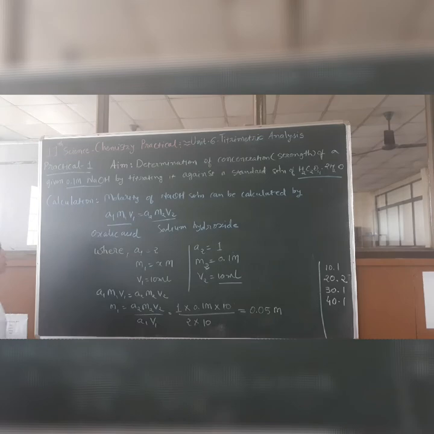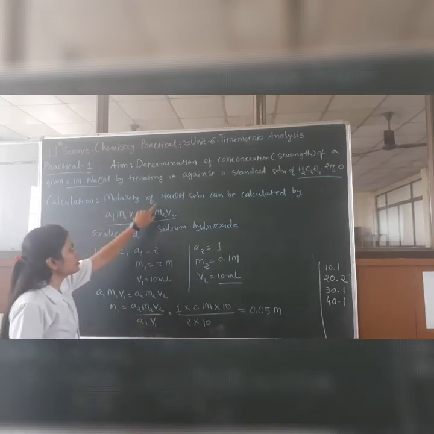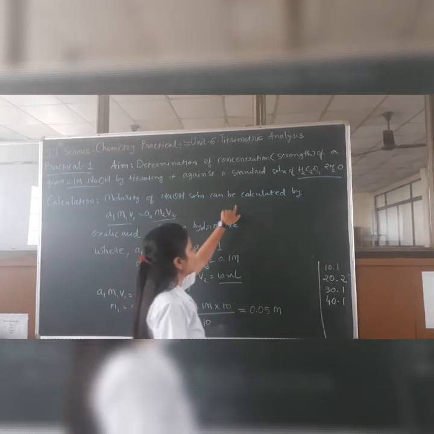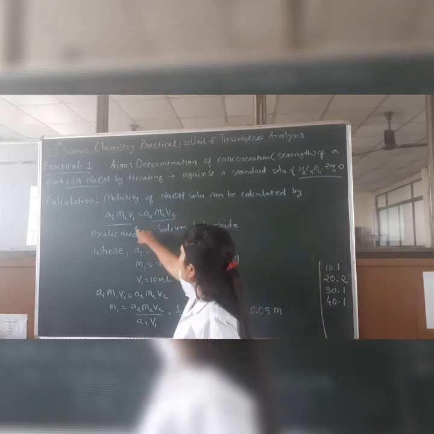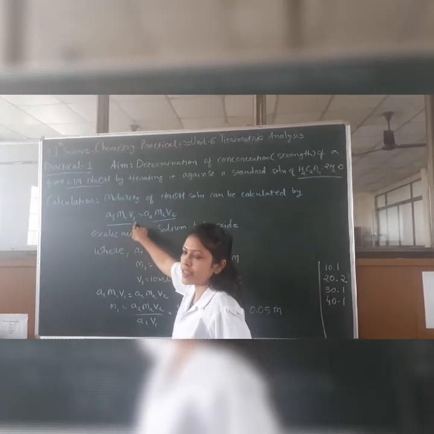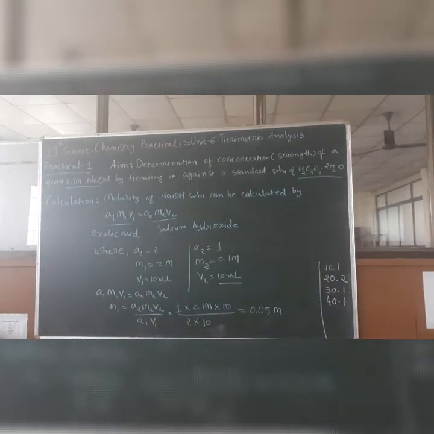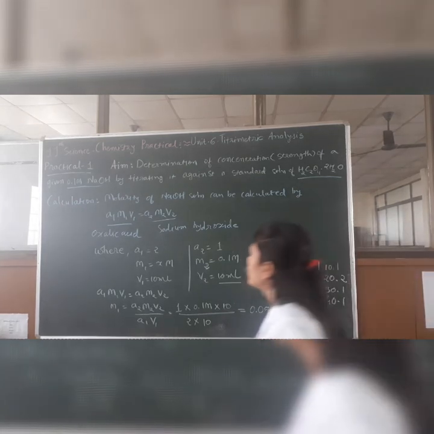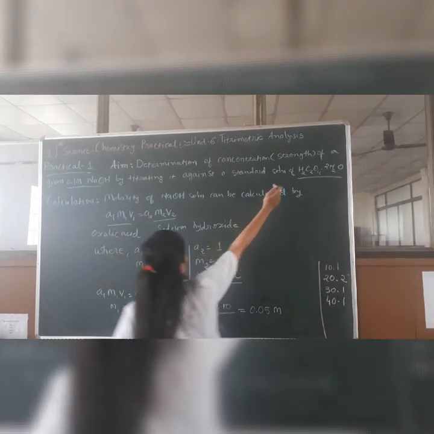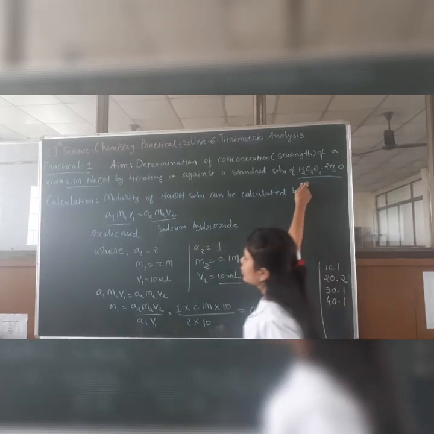Let's move to the calculation. For the calculation, we have to write the molarity of the NaOH solution, which can be calculated by the equation A1M1V1 = A2M2V2. We have to find the molarity of oxalic acid.